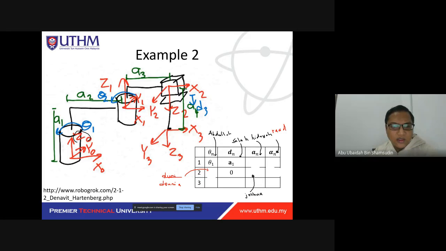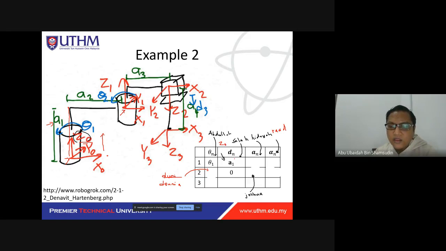For the first one, it is A1. So A1, we need to move along the Z0 axis. So this one, the movement from this point here to this point on the Z0 axis. So we move like this until this point here, which is A1. So the D1 is A1.